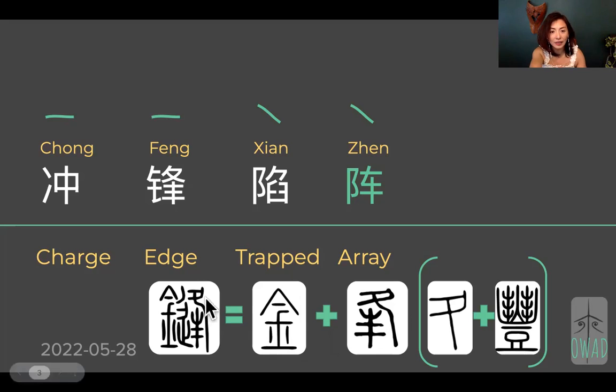And the right side, this is getting more complicated. So we're skipping the middle portion of the character, only the right side. It's a sound maker. It sounds like feng. And this feng, you see, further unpacking, is made of this top portion and the bottom portion. So the top portion means walking.